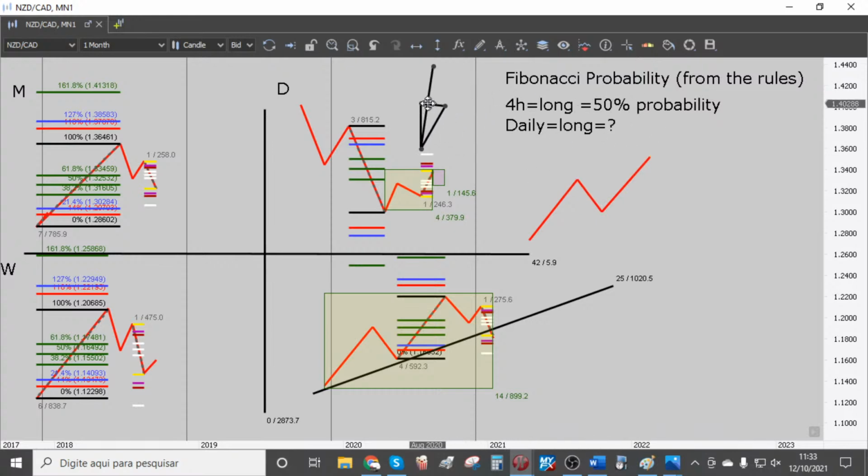Oh, I'm starting to get it. Yes, you are starting to get it. This higher highs, higher lows from the daily, is this direction or is it timing from the 4-hour standpoint? Because we are trading the 4-hour chart, right?